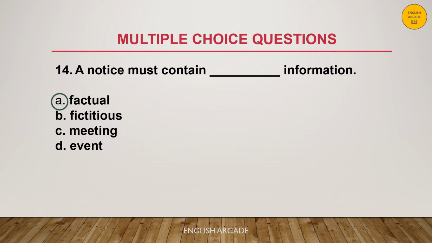A notice must contain factual information. So my dear friends, factual is all about facts. So we give facts and details like what is being organized or held, when, where, who are the organizers, who all can attend it. So these are all facts, and therefore a notice must contain all this factual information.